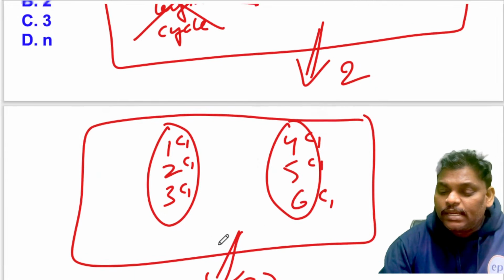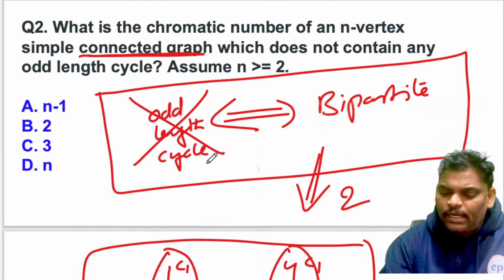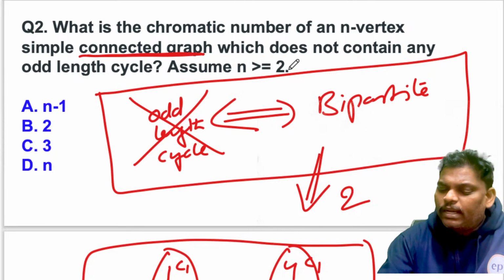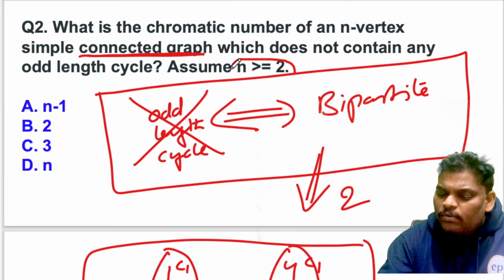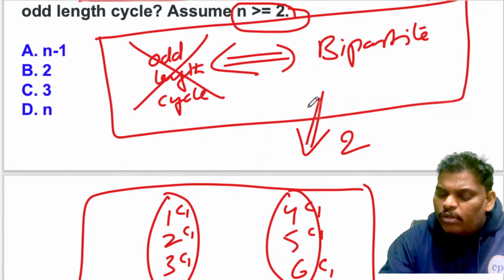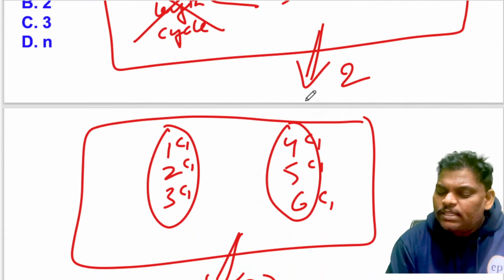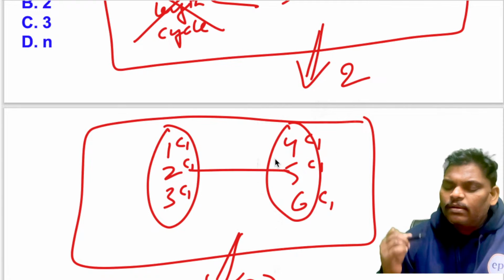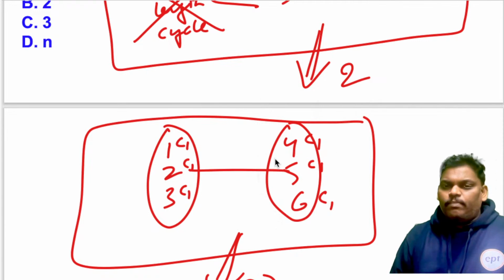So that is the reason he said connected, where the number of vertices is 2 or more. That means at least one edge is required, and then automatically two colors will come.